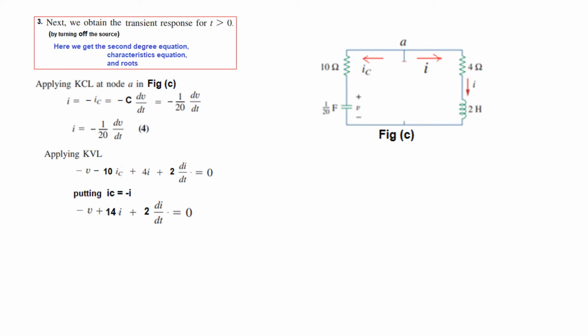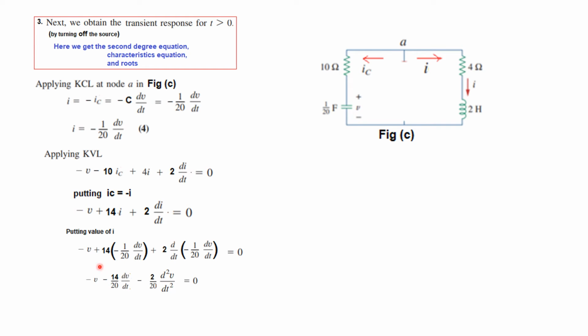Okay, now putting IC is equal to minus I from here, we get this term all in terms of I, and now we put the value of I which we got from here. Because we want to get the differential term for second degree, we have put in this value, and then we differentiate this.